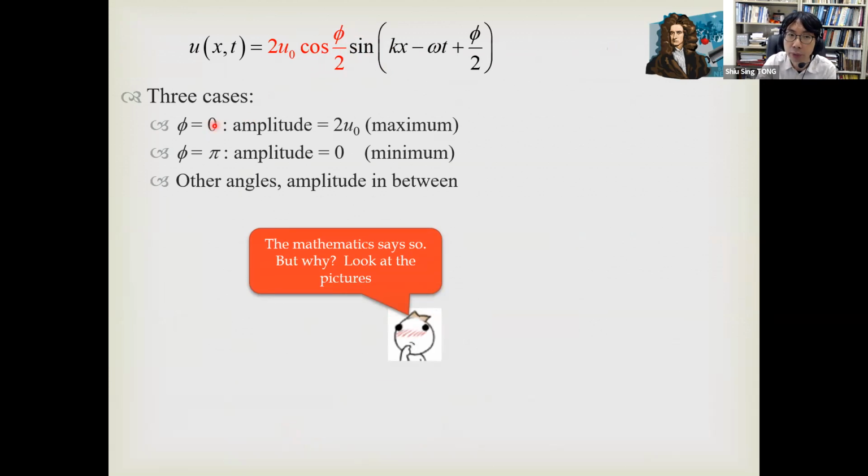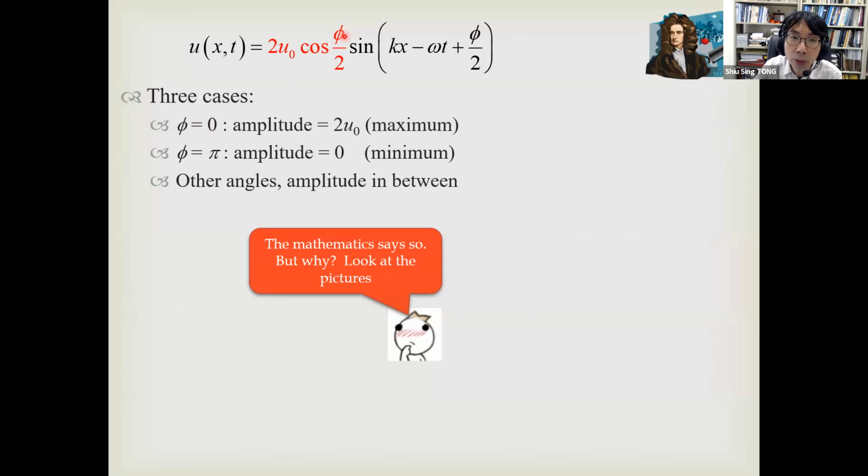If phi is 0, cosine is 1, right? So I get the maximum amplitude of 2 U0. This is the maximum amplitude that can be attained because the maximum value of cosine is 1. The resulting maximum amplitude is 2 U0, corresponding to the phase angle equal to 0 or 2 pi.